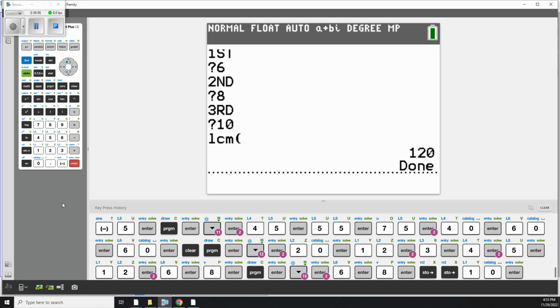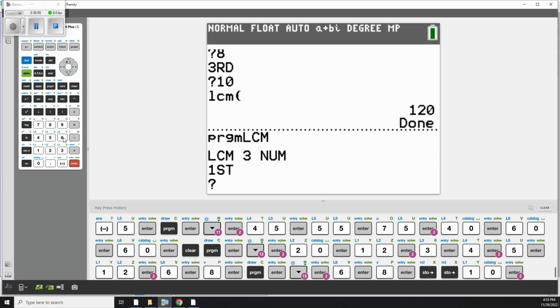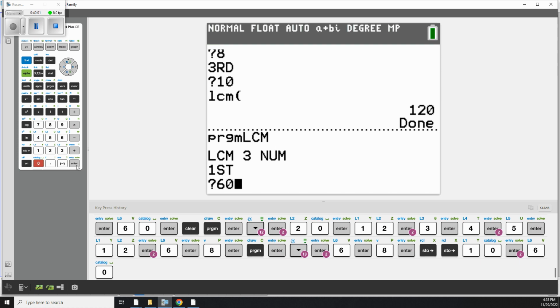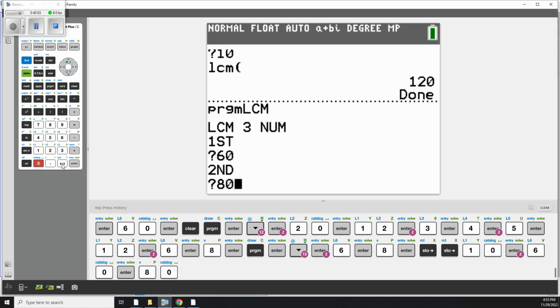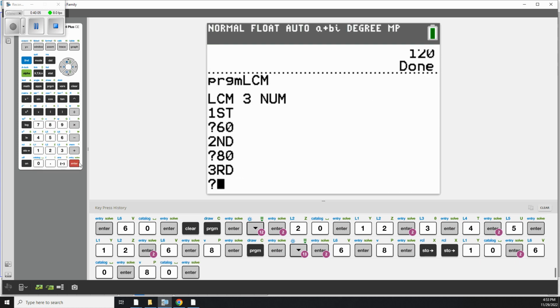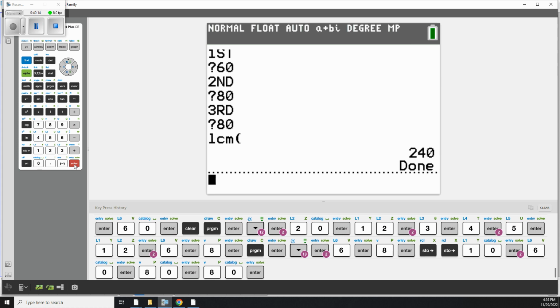What if there are only two numbers in your triumvirate, 60 and 80? What do you do? You hit one of the numbers twice. Y'all hear me? So you go 60, 80, 80, or 60, 80, 60. And it does it for you.